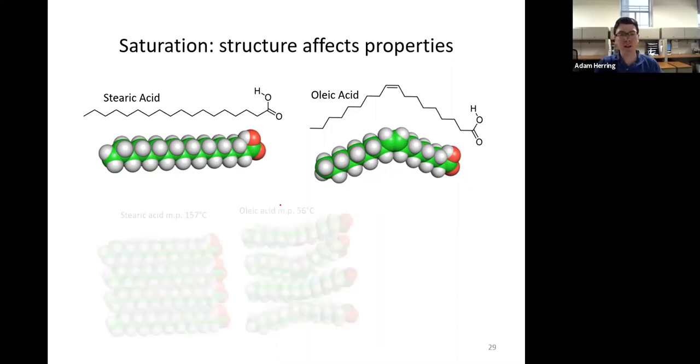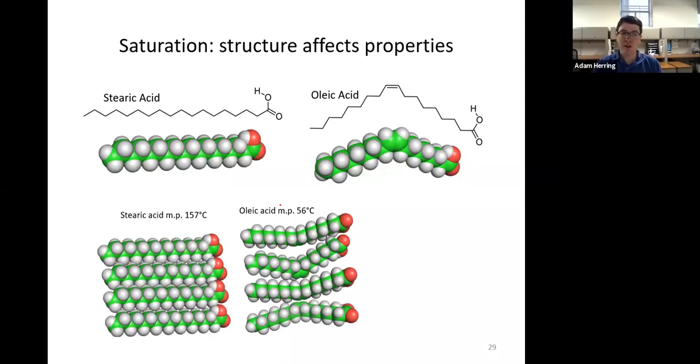And this will affect the overall properties. Stearic acid's melting point is over 150 degrees Celsius, whereas oleic acid's melting point is 56 degrees Celsius. That's because there are fewer interactions of the chains within oleic acid.